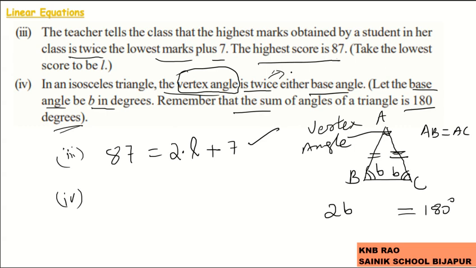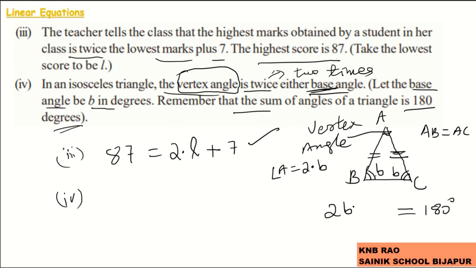Twice means 2 times. So, it is 2 times of which one? Either base angle. That means either you consider angle B or angle C, to that it is twice. Here angle A is 2 times the base angle which is B.